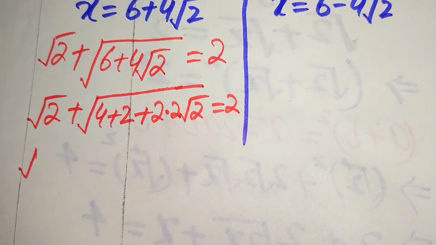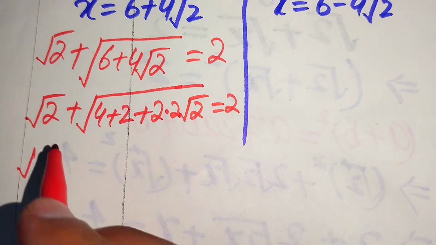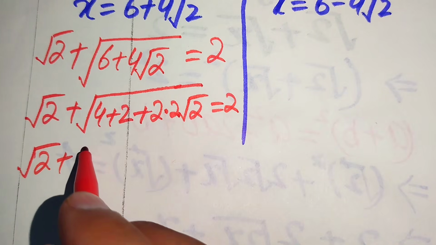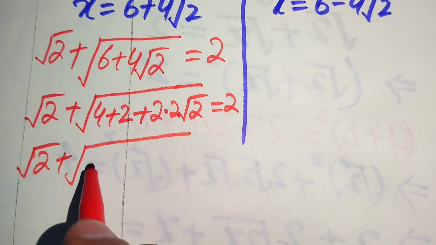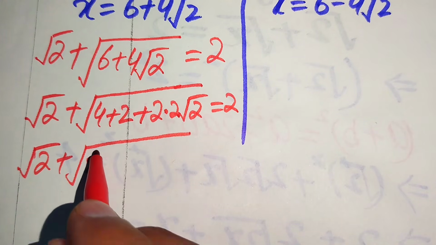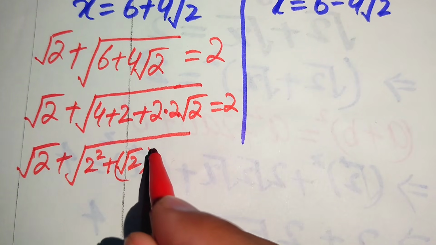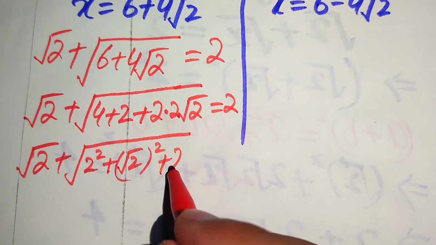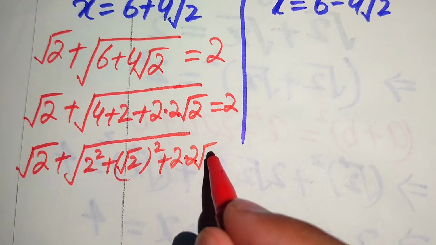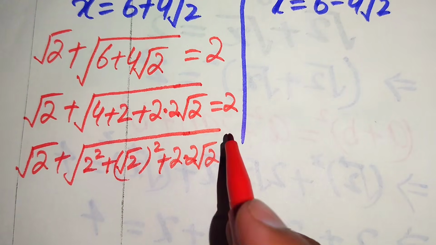And now here we again rewrite this equation as square root of 2 plus square root of, we write this 4 as 2 squared plus, we write this 2 as square root of 2 and its whole square plus, this is 2 times 2 times square root of 2, then we check whether this equals 2 or not.